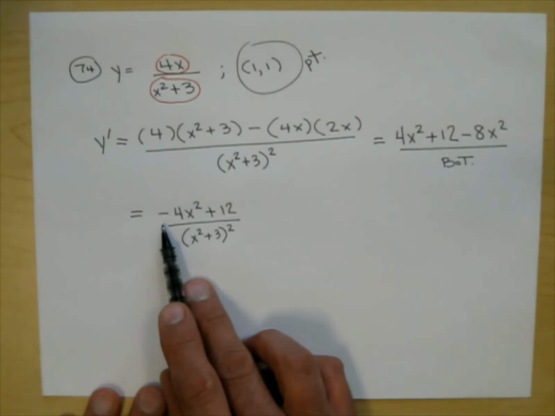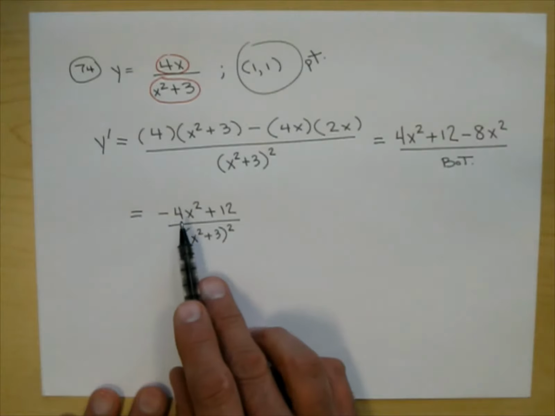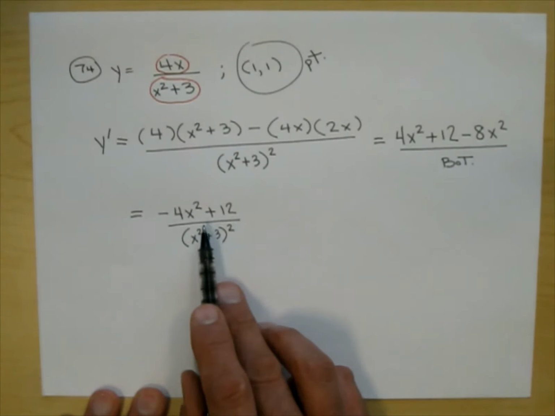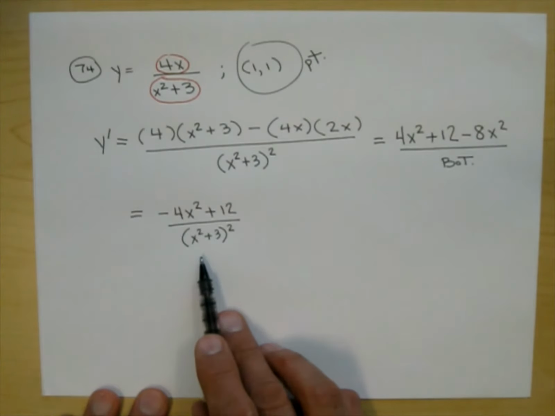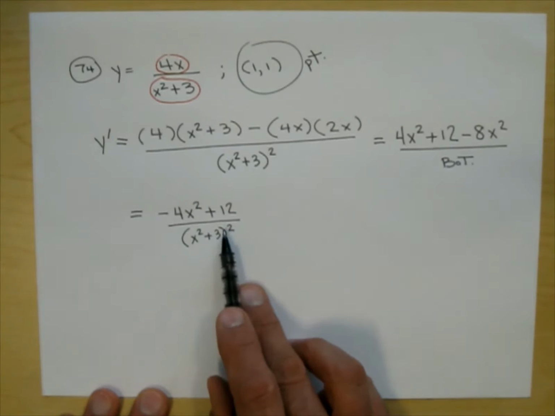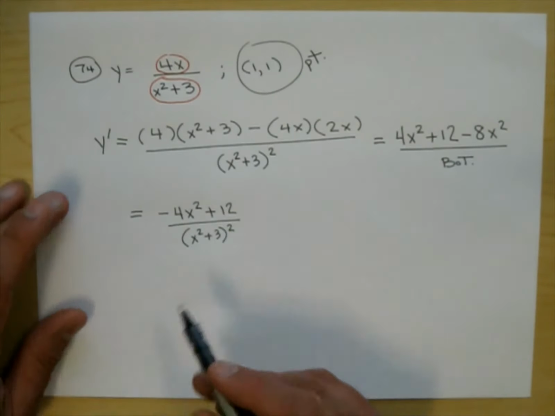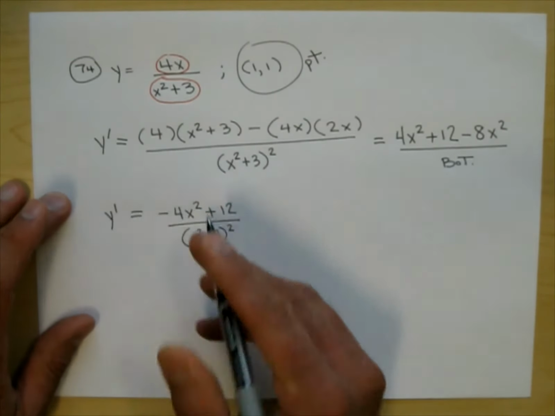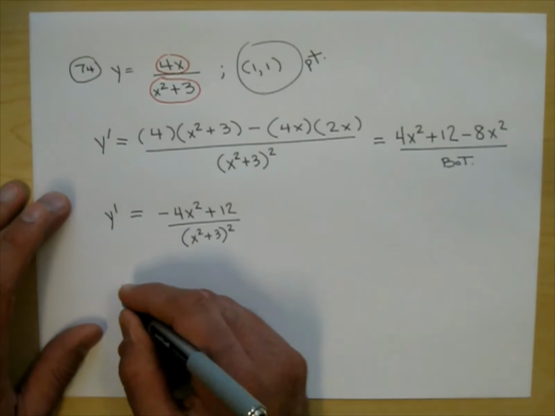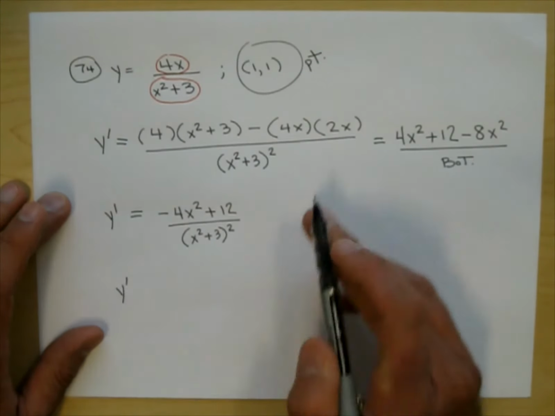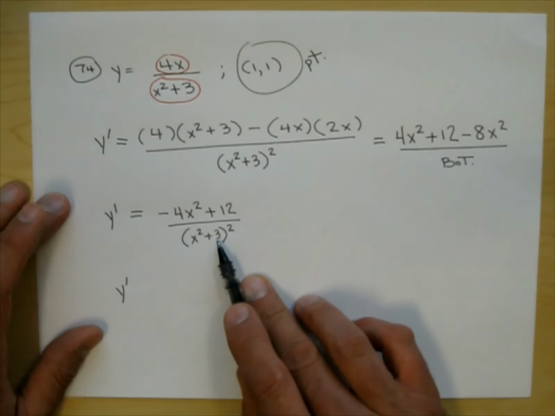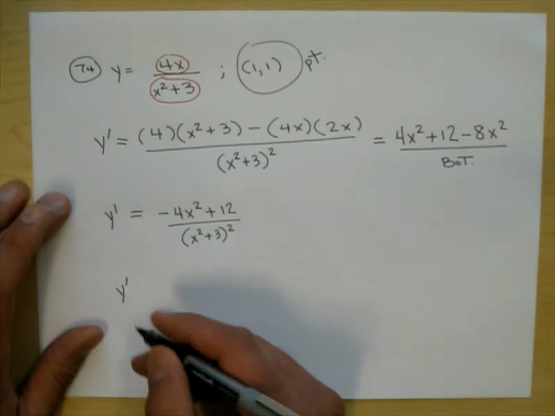I can even factor out a negative 4, and then I would have x squared minus 3, but it's x squared minus 3 and x squared plus 3, I can't cancel, so it's not going to help, but you can do that if you want. This right here is your slope function, and you're trying to find the tangent line. So let's go ahead and plug the x value, which is 1, into this and see what we end up getting.